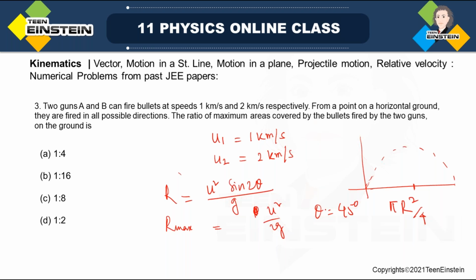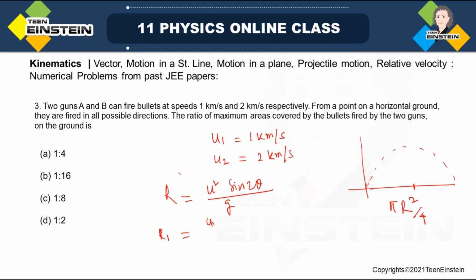So we have got this clue that both of them have to fire at a 45 degree angle. If they fire at 45 degree angle, what is R1?